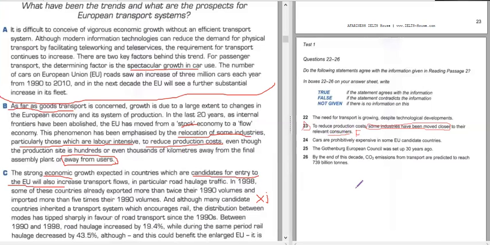To reduce production costs, some industries have been moved closer, but some industries have been moved farther away because of the labor. Are you getting it? Yeah, somehow I interpreted it in this way to make it false. That's why I consider it false, because some industries, specifically those which were labor intensive, have moved far away from the users.